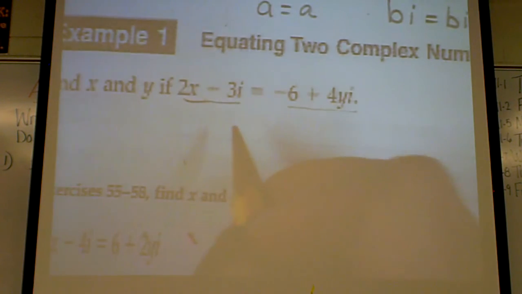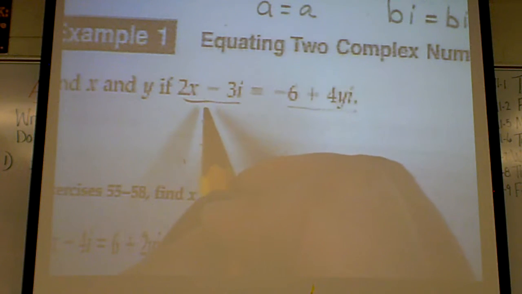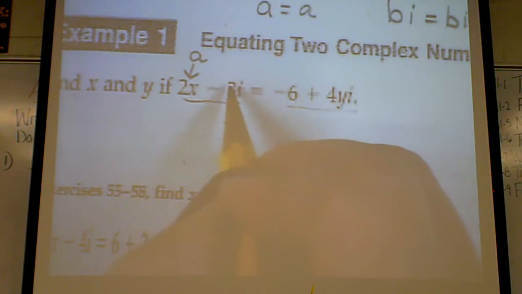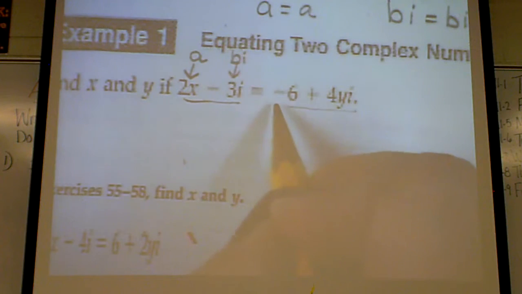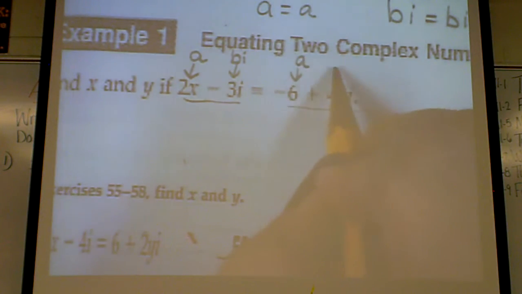So, make sure each number is written in standard form. So this is your a value, this is your a value, and that's your bi. And make sure that this is a, and it is, and this 4y is your b value.